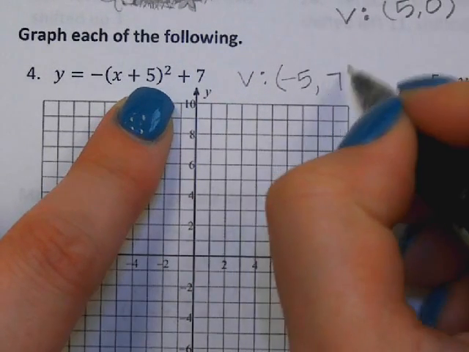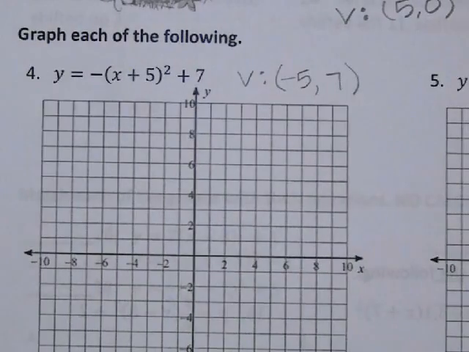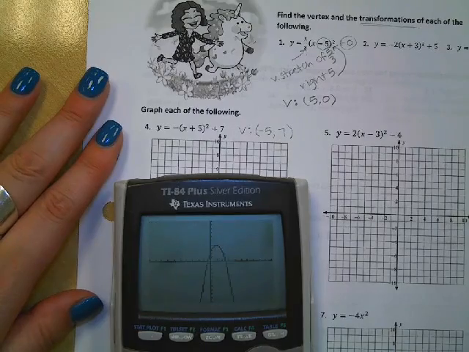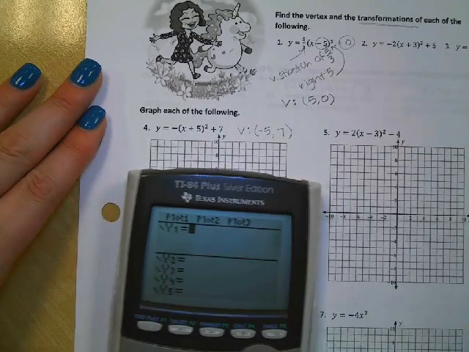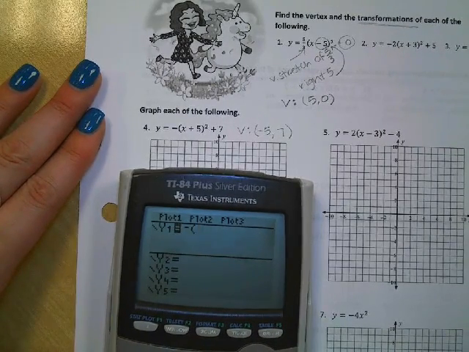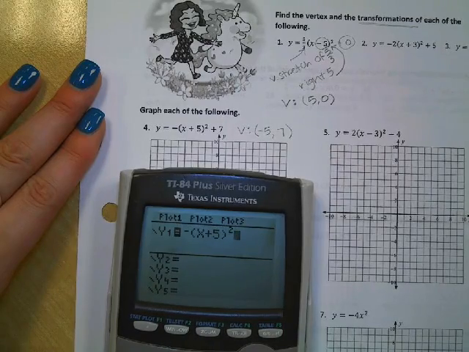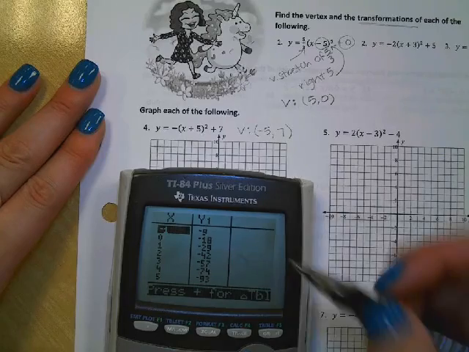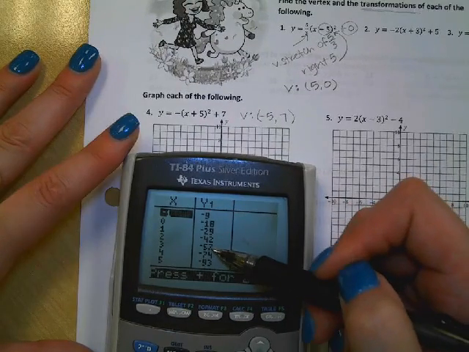-5, 7. So then when we graph this on a calculator, that means that on the table we're going to look for -5 because -5 is going to be the very middle. So the vertex is helpful because it tells us where to look. If I look right here, I'm not around -5.